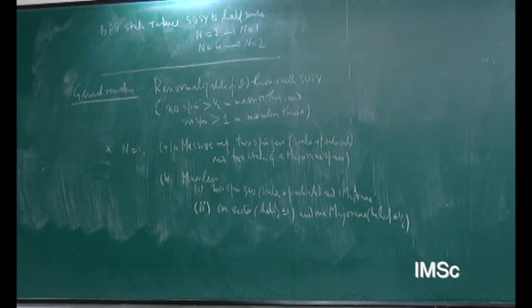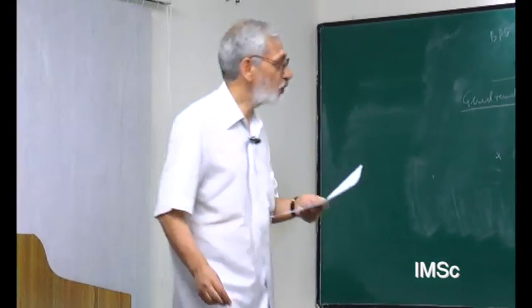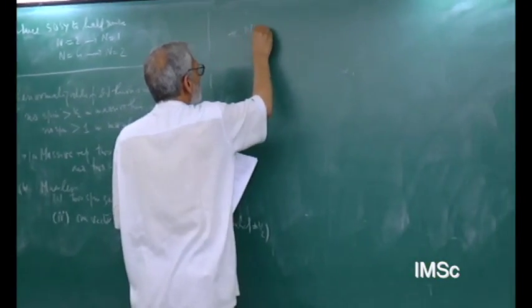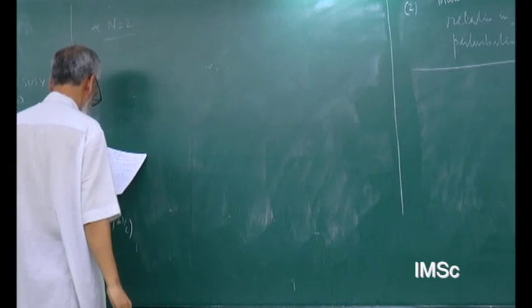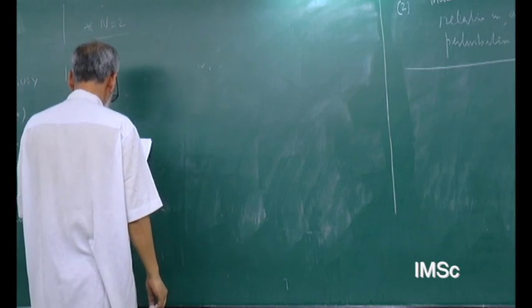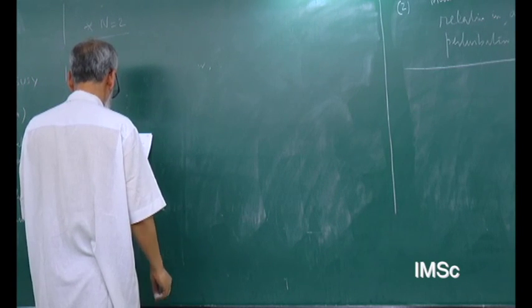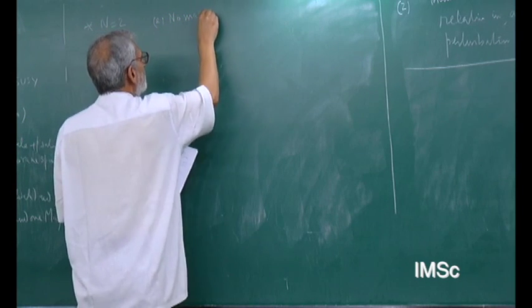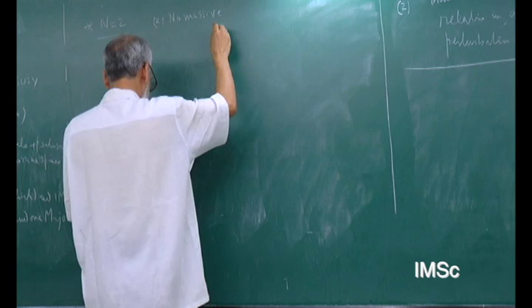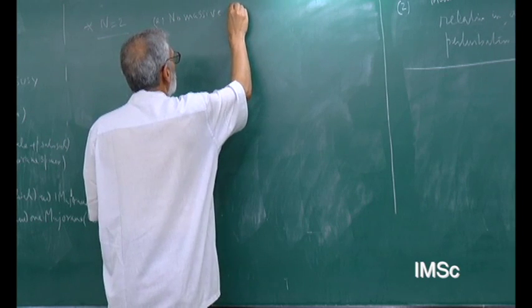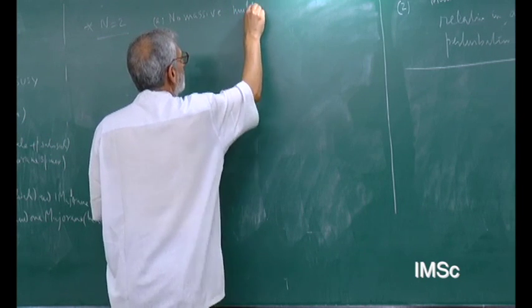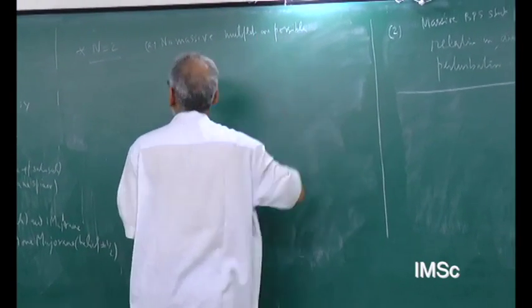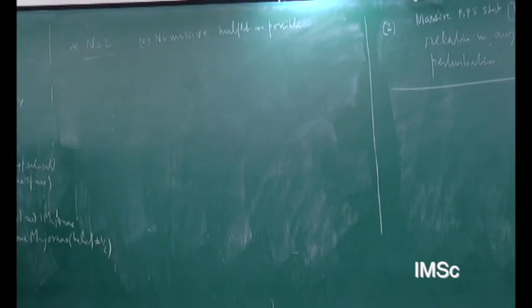Clear? And now, let's go to N equal to 2. No massive multiplets are possible, if I want a normalizable field theory.